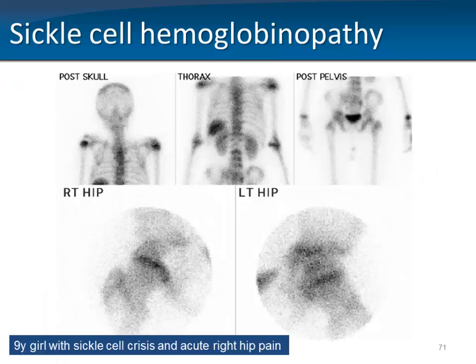A 9-year-old girl with a sickle cell crisis and acute right hip pain, where you can very well see the reason for the acute hip pain. Here you see the bone infarct, but please also note that there is a history of things in the skeleton. You see the lumbar vertebrae are abnormal, and what's also asymmetric is the iliac crest here, so this is probably a bone infarction as well.